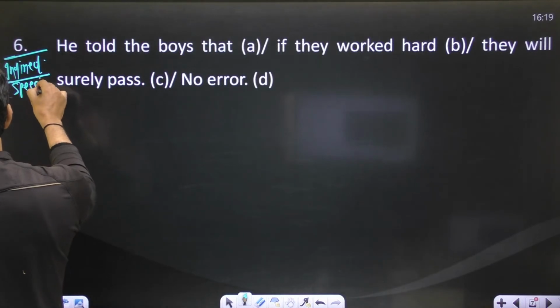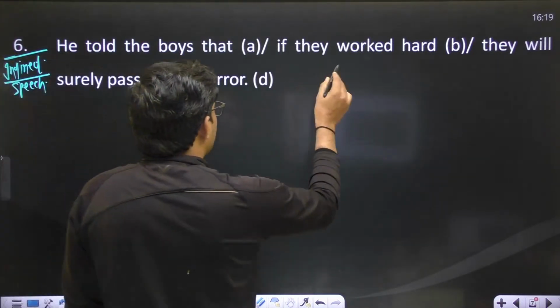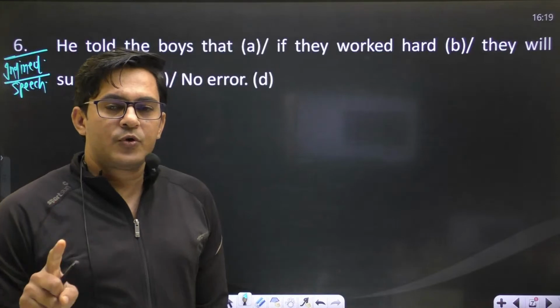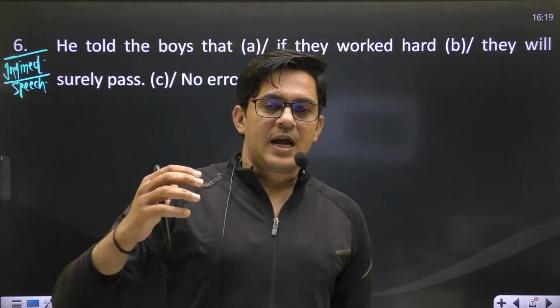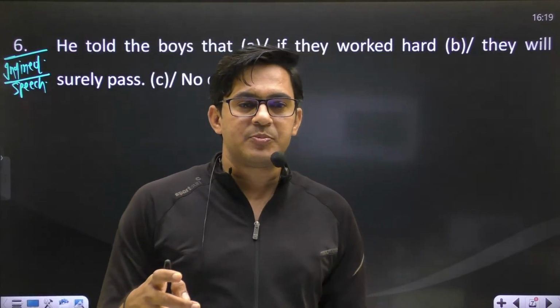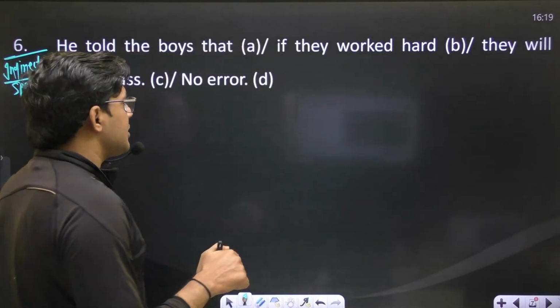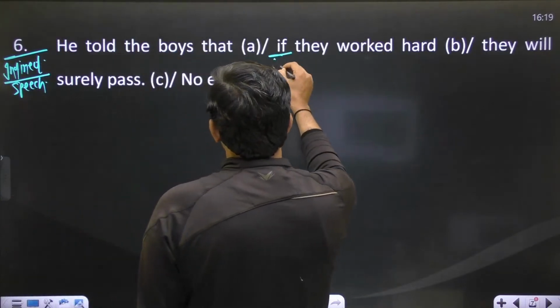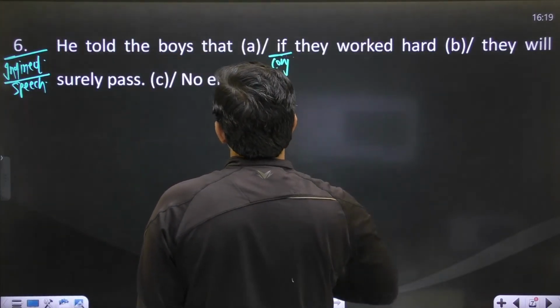And in indirect speech, whenever you have an interrogative sentence and you replace direct speech with indirect speech, in that particular situation we use the conjunction if. So this word if is a conjunction, right?